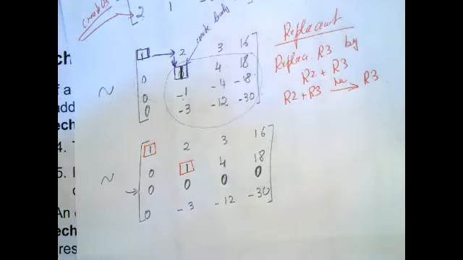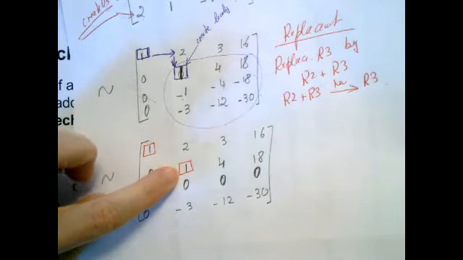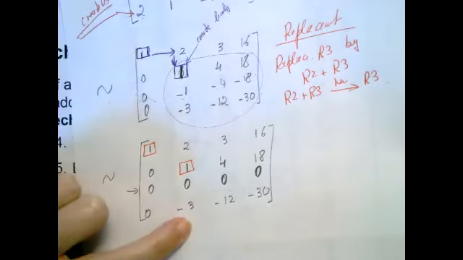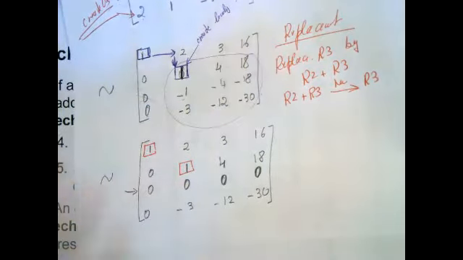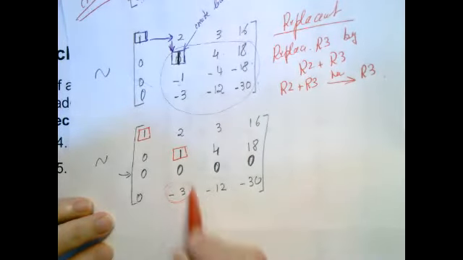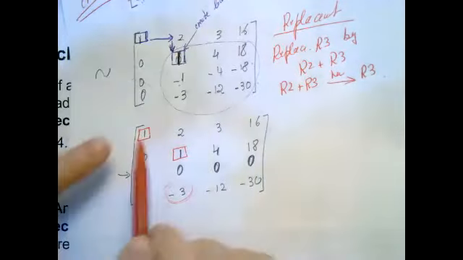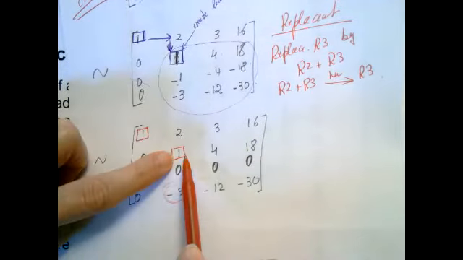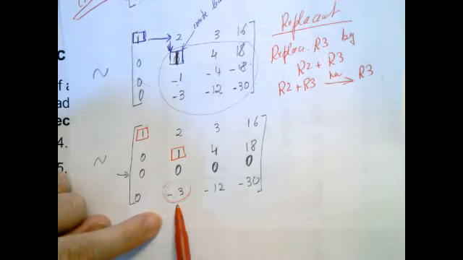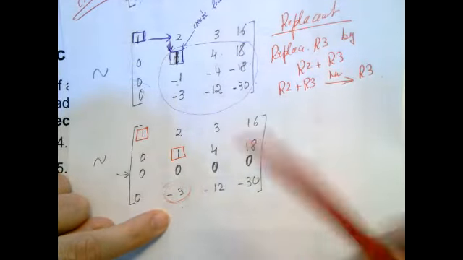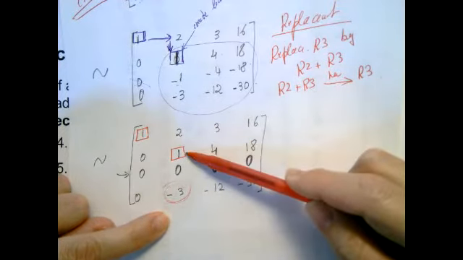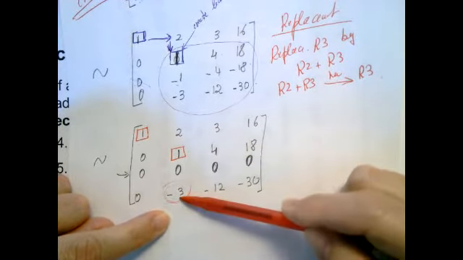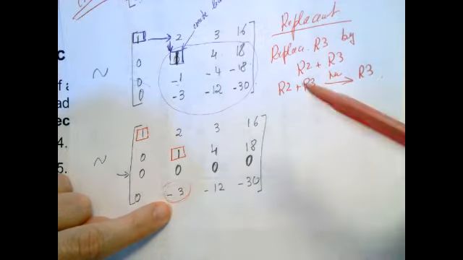Now, what am I going to do? Everything below the leading entry, I want to make into a 0. I see this row of 0s, but don't worry about it. I want to create a 0 right here. Once I create a leading entry, I want everything below it to be 0. What shall I do? Again, another replacement. I'm going to multiply this row by 3 and add it to this one, then I create a 0 in here.